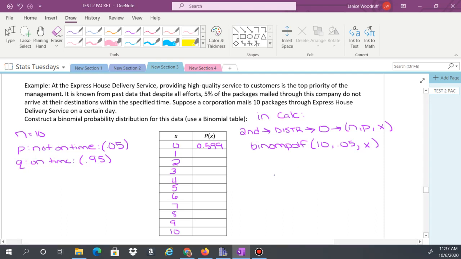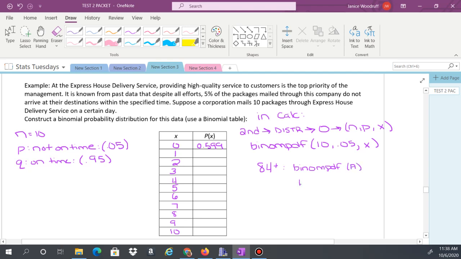For the 84 Plus, I believe you get a table that looks like this, binomial PDF. I think it's your A actually, instead of 0 for me, for the 84.